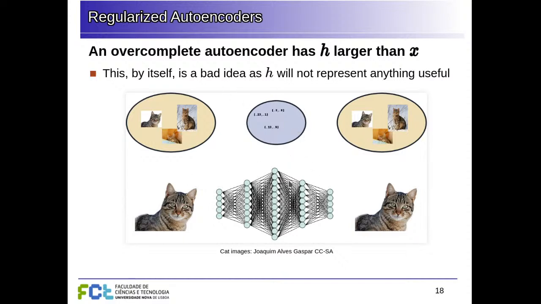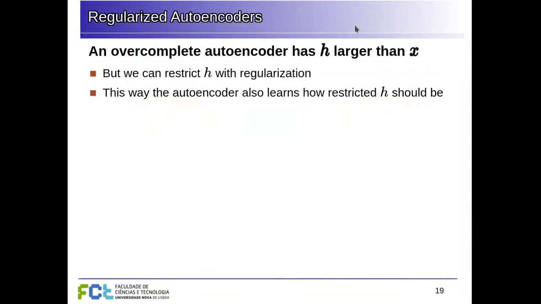So this would be a bad idea if you don't do anything else, because this will make it trivial for the network to simply copy the values from one end to the other and not learn anything useful. But if we constrain the way the network is learning by regularization, we can force the autoencoder to learn something useful because of the way we are constraining it.